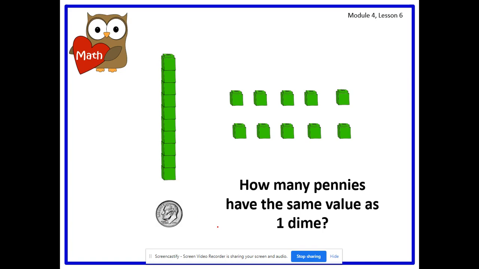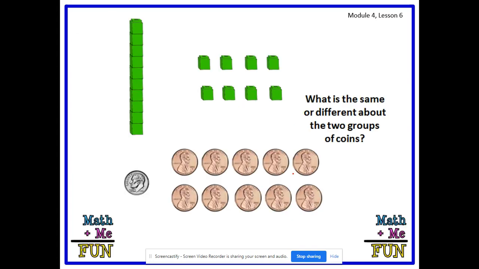Great observations. So 1 10 stick has the same value as 10 individual cubes, and 1 dime has the same value as 10 pennies. So you could see it right here. What's the same or different about the two groups of coins?